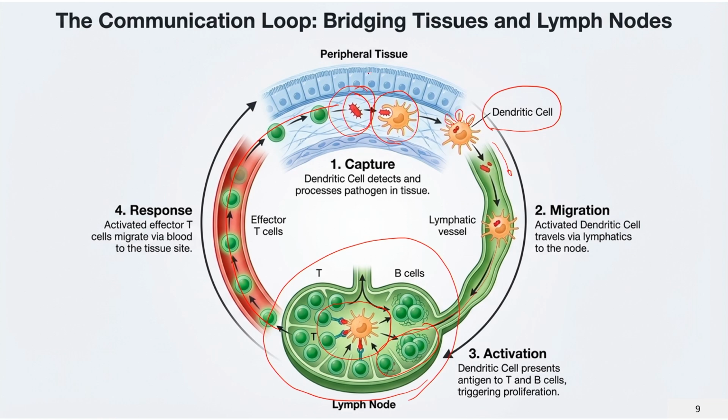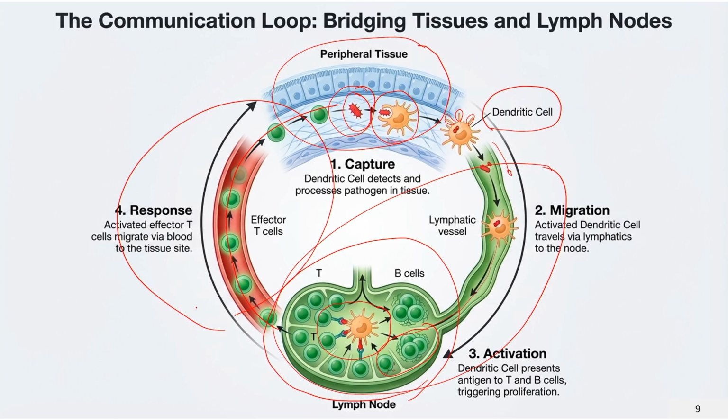So the path starts from the peripheral tissue, the entering point, then we have the lymphatics which are involved there, and finally the effector response, where the T cell goes and destroys the pathogen at the site of entry. So all these synchronized processes are very critically controlled from the tissue level, also at the gene regulation level, and the immune system is highly orchestrated when it comes to the response towards foreign molecules.